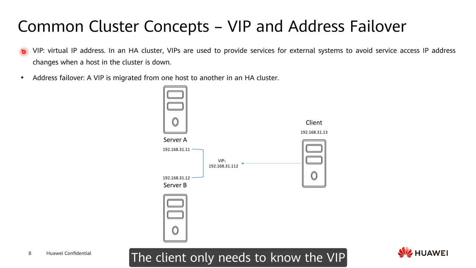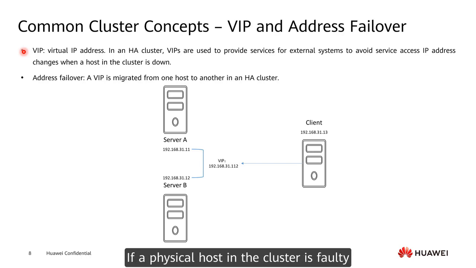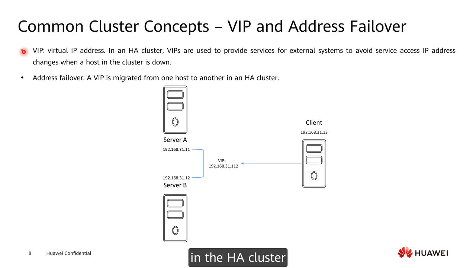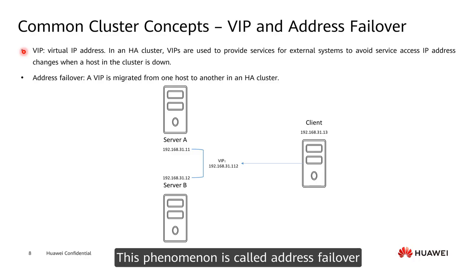The client only needs to know the VIP, not the IP address of the physical server that actually runs the service. If a physical host in the cluster is faulty, the VIP does not affect the service access. Generally, the VIP runs on the active host in the HA cluster. When the active host is faulty, the VIP is automatically generated on the standby host. This phenomenon is called address failover.